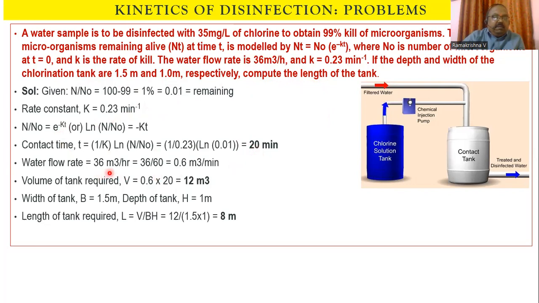Water flow rate is 36 meter cube per hour. Now we're converting into meter cube per minute. So volume of the tank is equal to discharge multiplied by contact time, 12 meter cube. The width of the tank is known, depth of the tank is known, and the length is nothing but volume divided by B into H, which is equal to 8 meters. So here a cylindrical tank is given, but instead if you go for a rectangular tank, this is how you are going to obtain the dimensions.